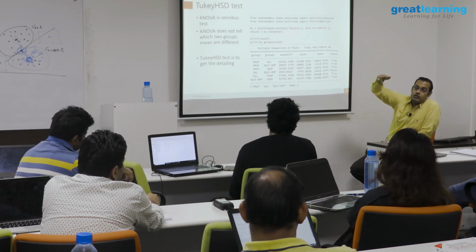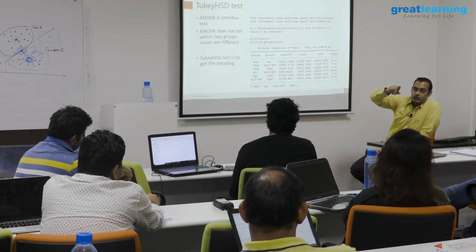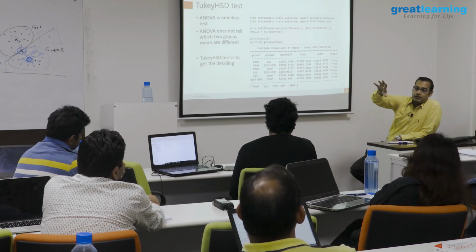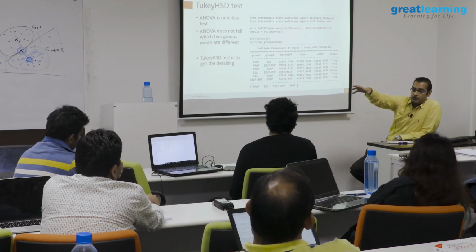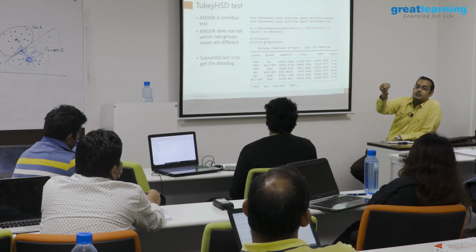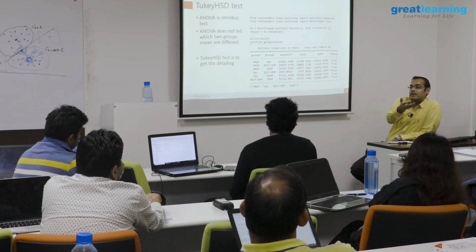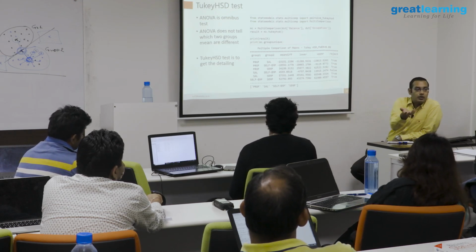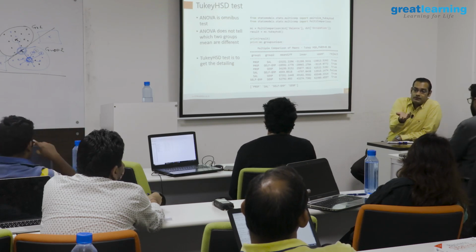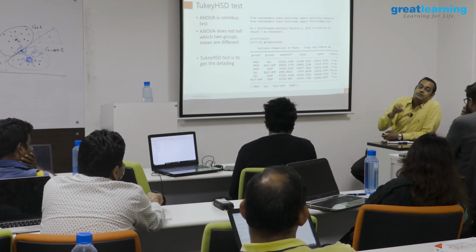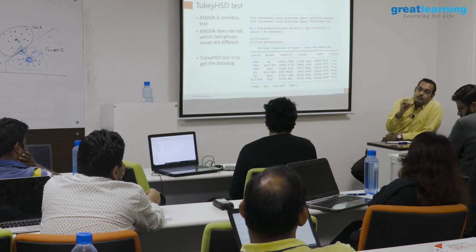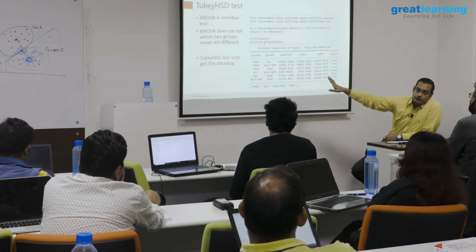But in the earlier case, you cannot apply it, no? So ANOVA is more generic. Only limitation, it is not explaining. In linear regression, I really don't have groups, so I don't want that detailing of Tukey. But when there is a specific requirement, Tukey will be helpful, right?